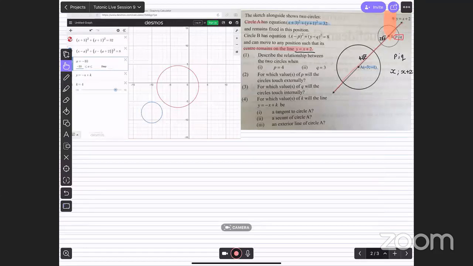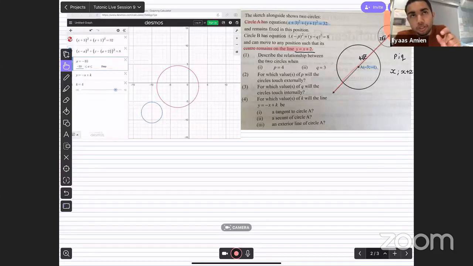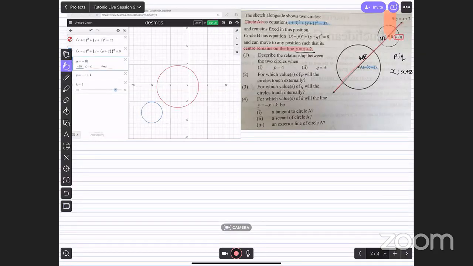If the distance between their centers is equal to the sum of their radii, that means the circles are touching at one point.